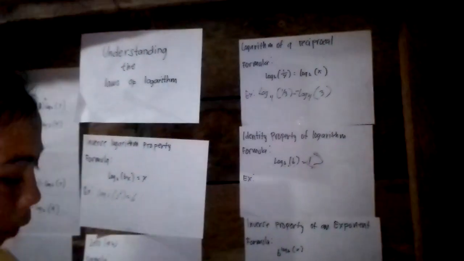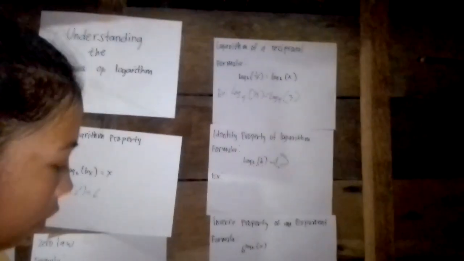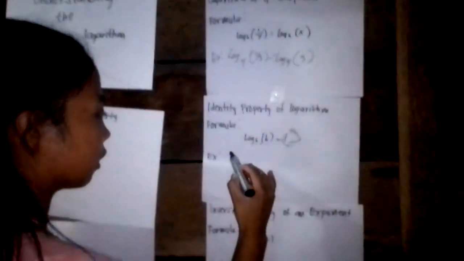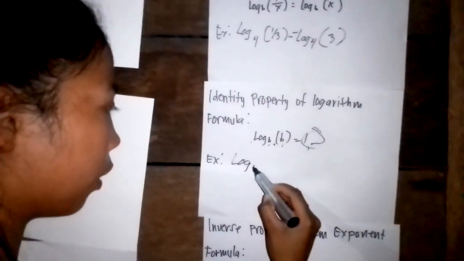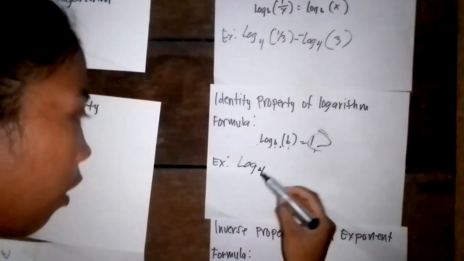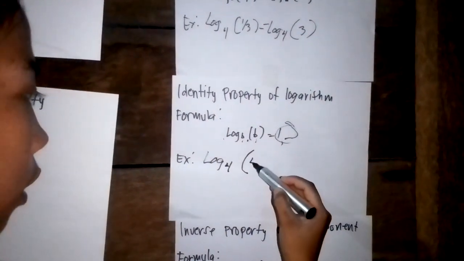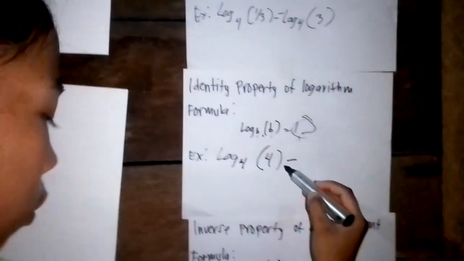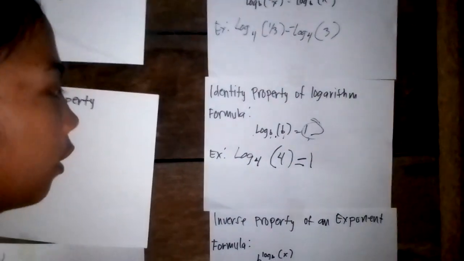The example of the identity property of logarithm is log base 4 of 4 is equal to 1.